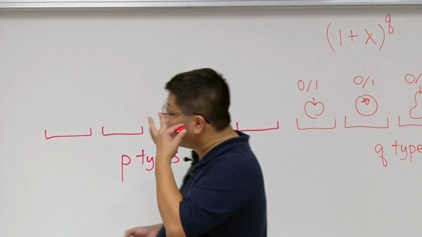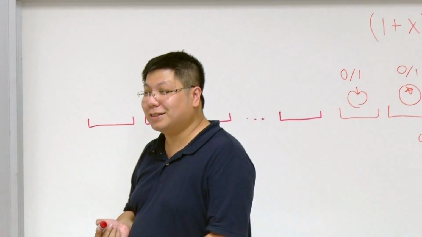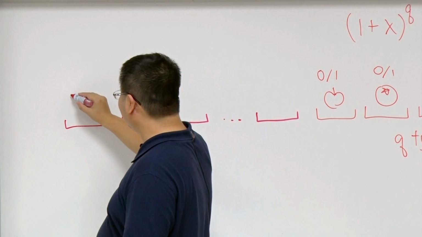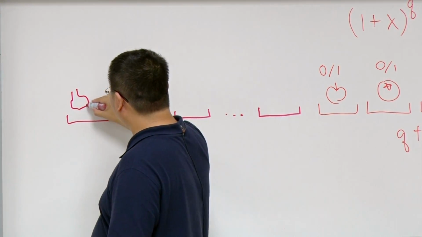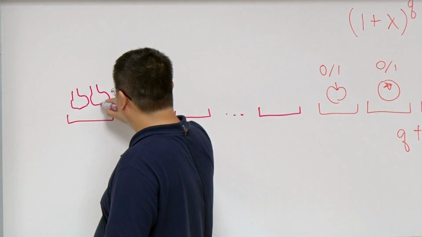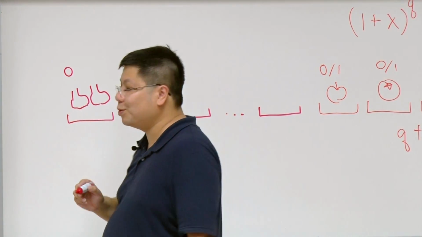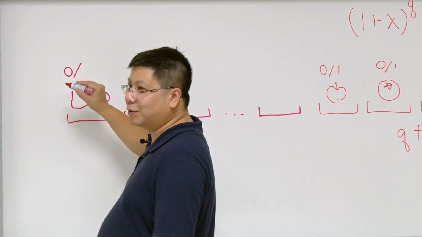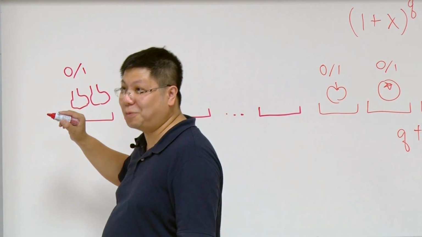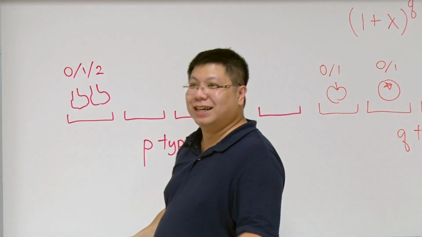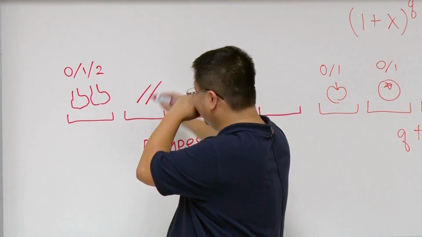So what kind of things can I choose? Maybe this is shoes. I can choose 0, I can buy no shoes. Somehow, for some strange reason, I can buy exactly 1, or I can buy a pair together. Is that okay? So maybe this is chopsticks.